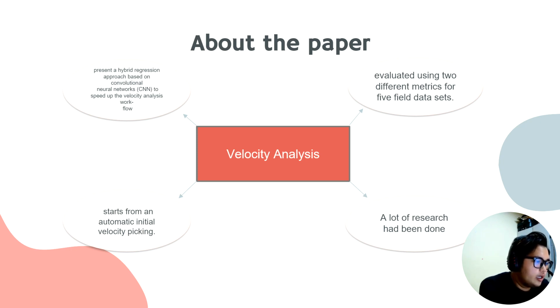Okay, now we will explore about the different method for velocity analysis and introduce a novel approach that leverage deep learning to automate the process. Actually, a lot of research have been done regarding this topic. As an example that have been mentioned in this paper by Clearbaut.